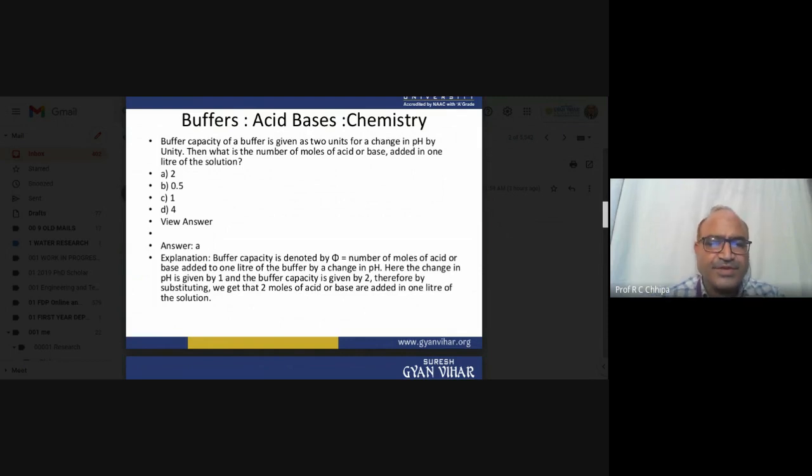Buffer capacity is the number of moles of acid or base added to 1 liter of the buffer for a change in pH value. So here the change in pH is given as 1 and the buffer capacity is given as 2. Therefore, by substituting, we get that 2 moles of acid or base are added in 1 liter of the solution.